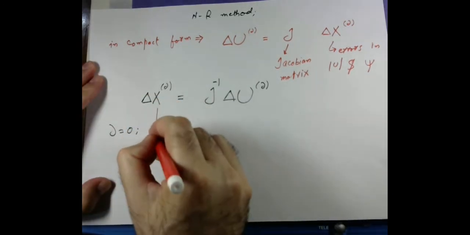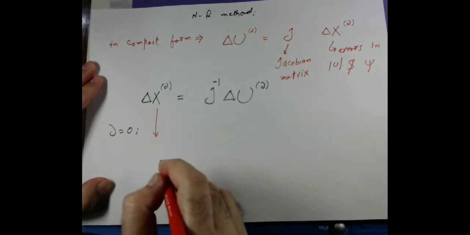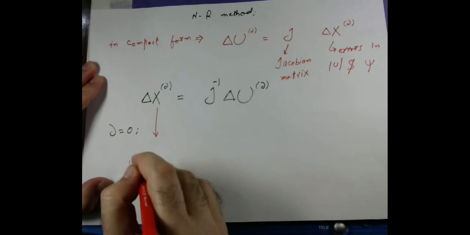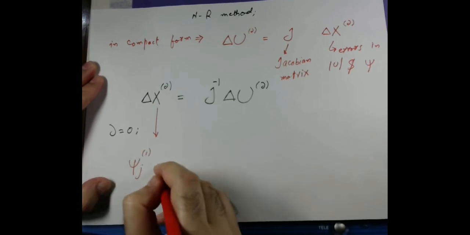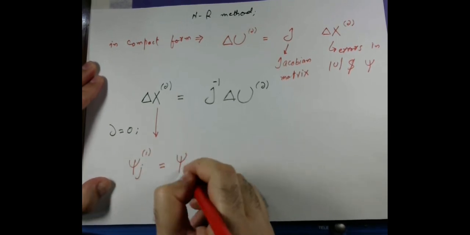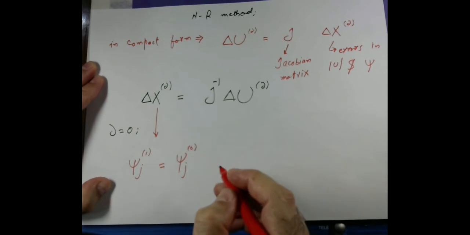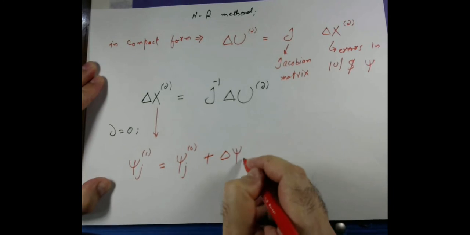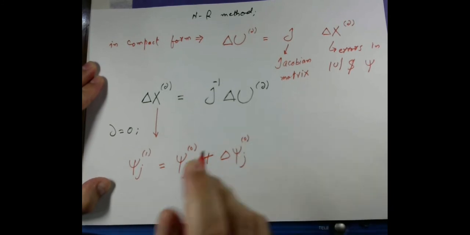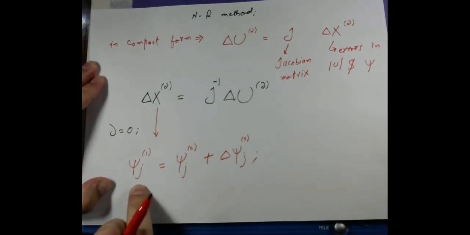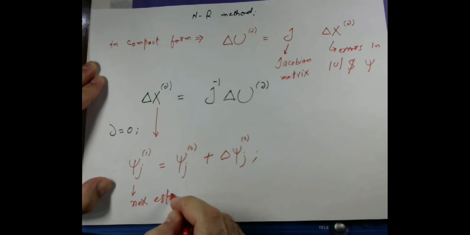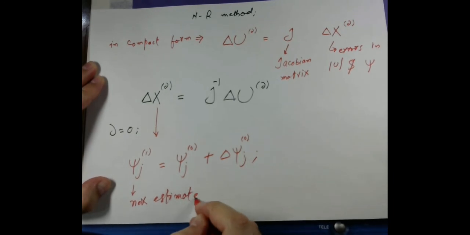Once we know the error in the first estimate, we will get the next estimate. So psi j1 will be equal to psi j0 plus the error in the angle. In this way we will get the next estimate.